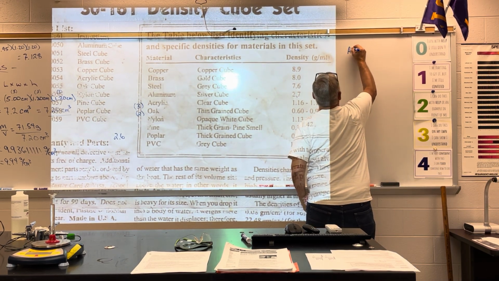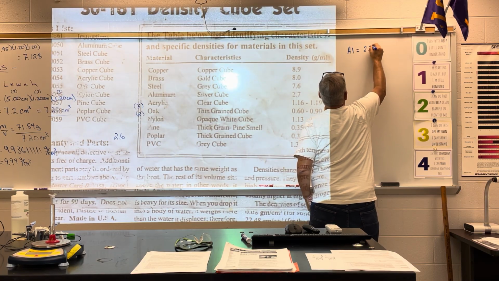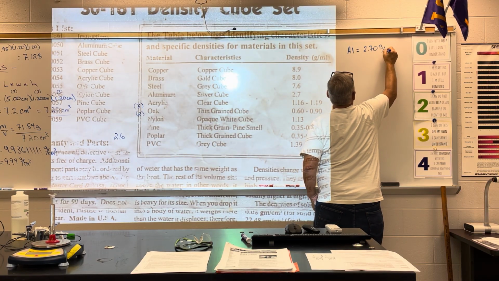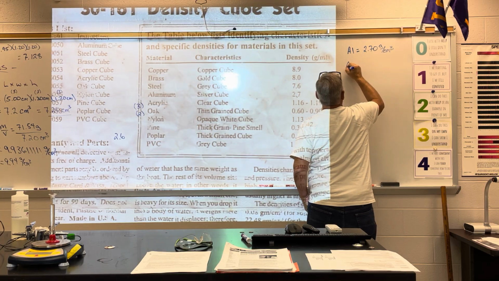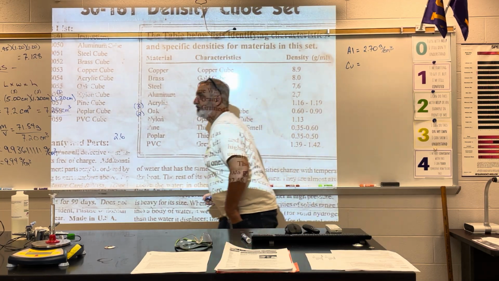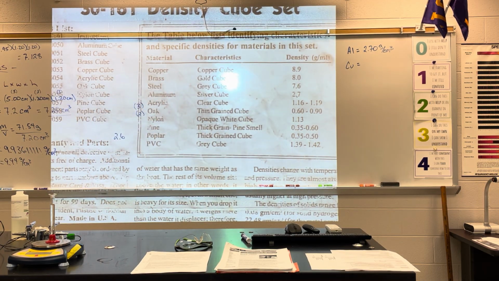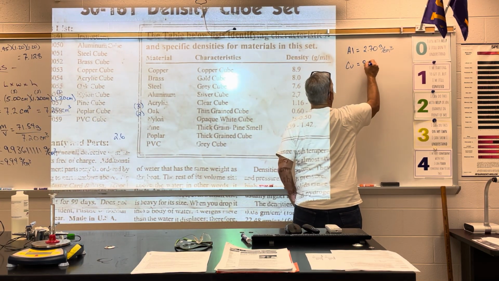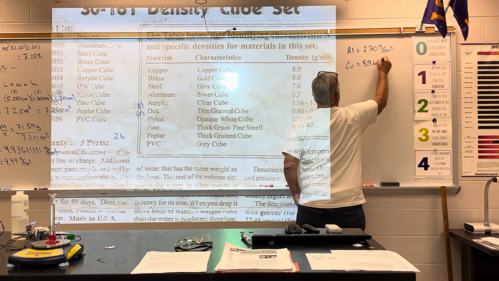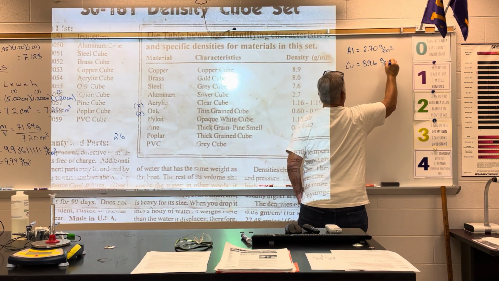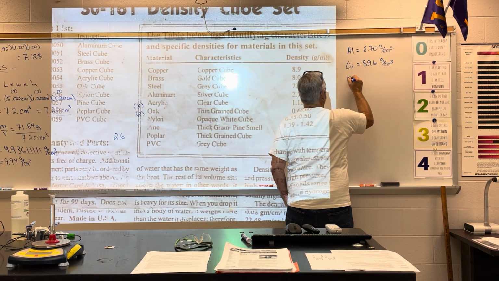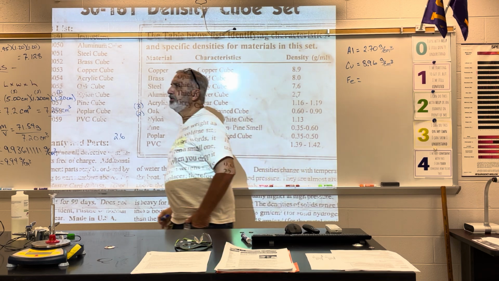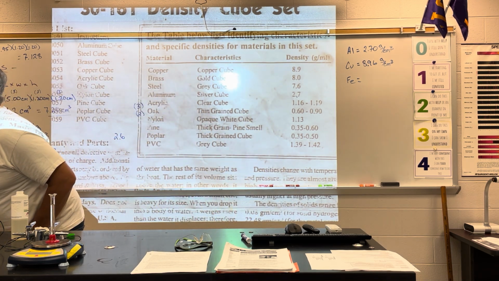The aluminum is going to be 2.70 grams per cubic centimeter. Copper is equal to, and you guys will get one of these periodic tables, 8.96. The iron, Fe, is equal to 7.87.